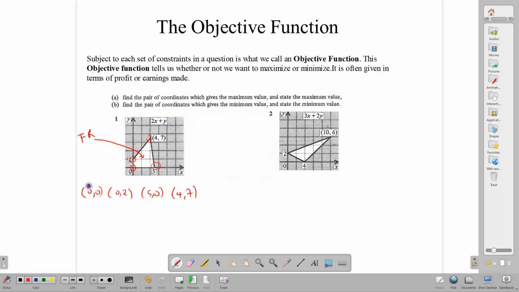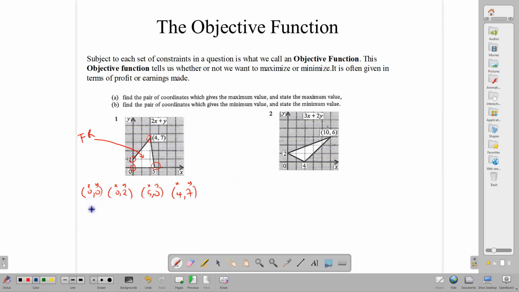Remember that each coordinate pair has an x and y number, and our objective function is written in terms of both x and y. So let's see how we could maximize or minimize this. We substitute these values into this.